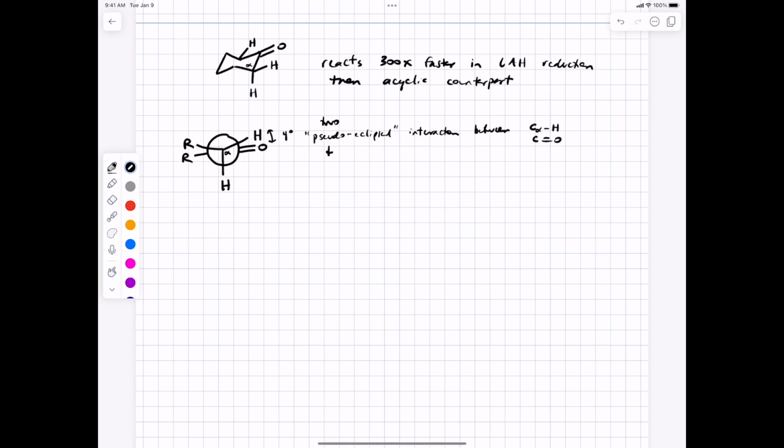Together those are worth about 4 kilocalories per mole of destabilization, which means that the cyclic ketone is about 4 kilocalories per mole higher in energy than the acyclic ketone, which should explain why it reacts faster.